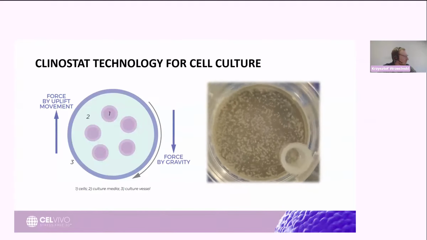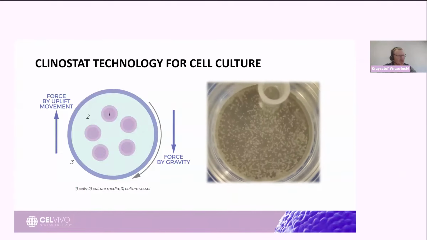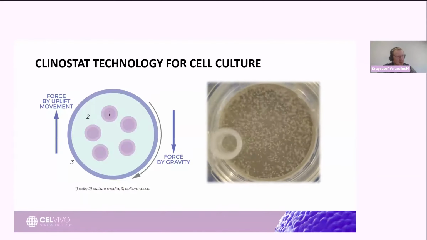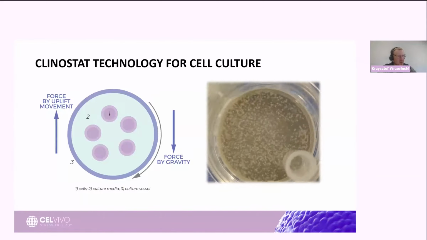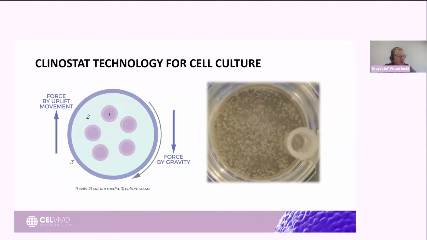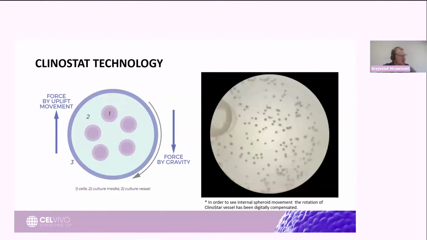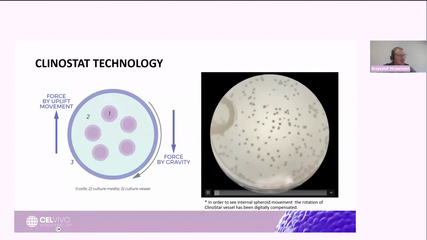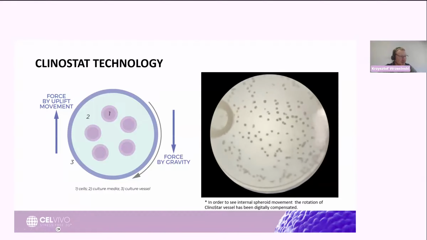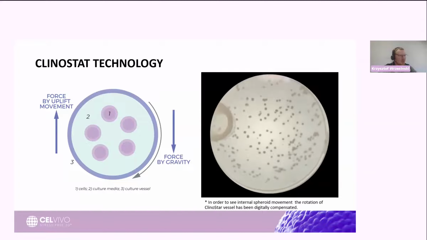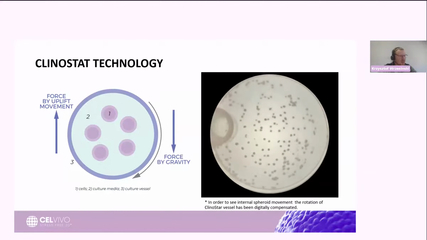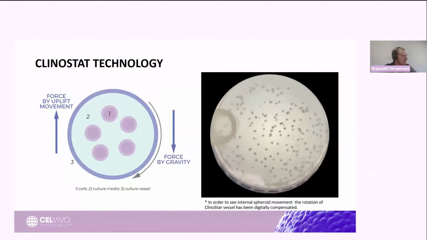We basically use the rotation to negate, or maybe I should say distribute, the gravity vector. But if I show you this video now, you can see, as you could imagine, that you are inside the system.